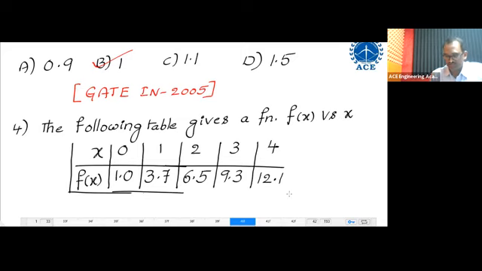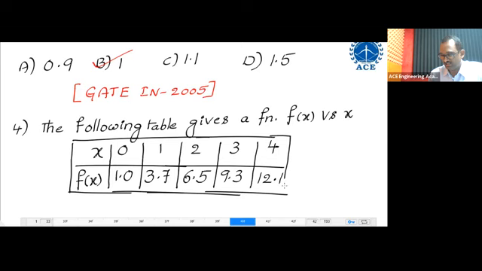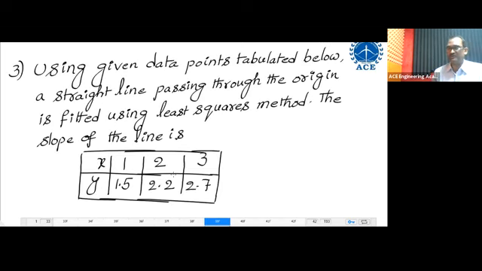But lengthy problems will not be given in the examination. Problems will be given the way we did the previous two problems. Simple problems will be given due to time constraints.